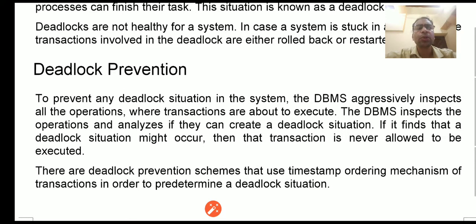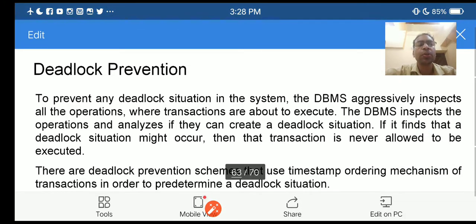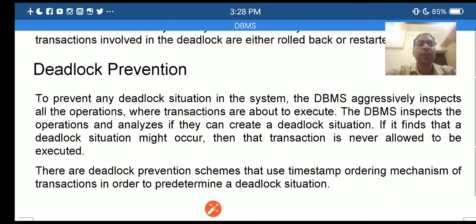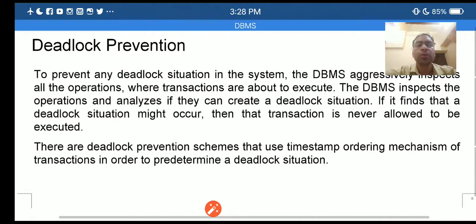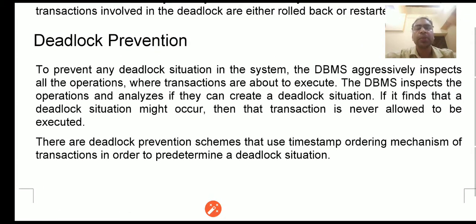But this is not always a good situation, because if you abort operations, some tasks or programs may be left unexecuted. It's not a very good idea, but to prevent deadlock, it is advisable to abort those tasks which may result in deadlock in future.